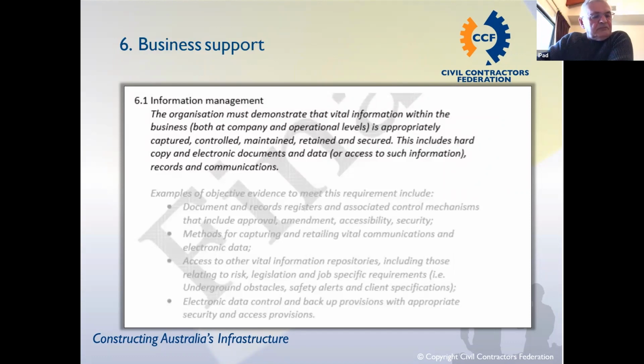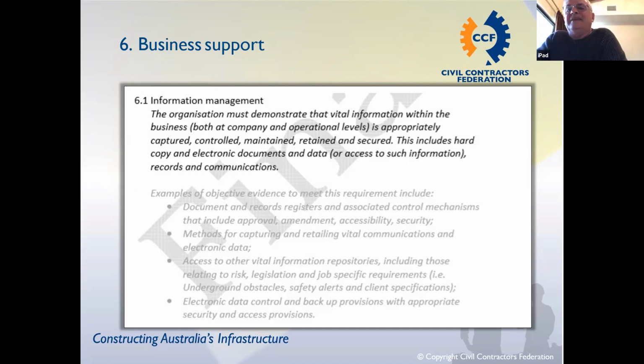6.1, pretty well what you used to have under, I think it was clause document data control. So that'd be 6.1, 6.2 in the old system, which was record management too. So you can see in here it says you must demonstrate that vital information within the business, both at company level and at operational level, which means out on projects, is appropriately captured, controlled, maintained, retained and secured.